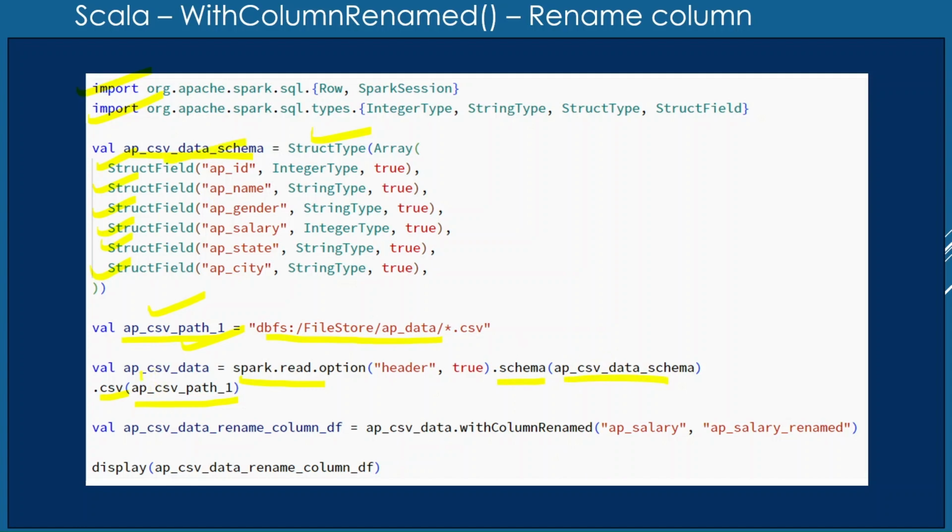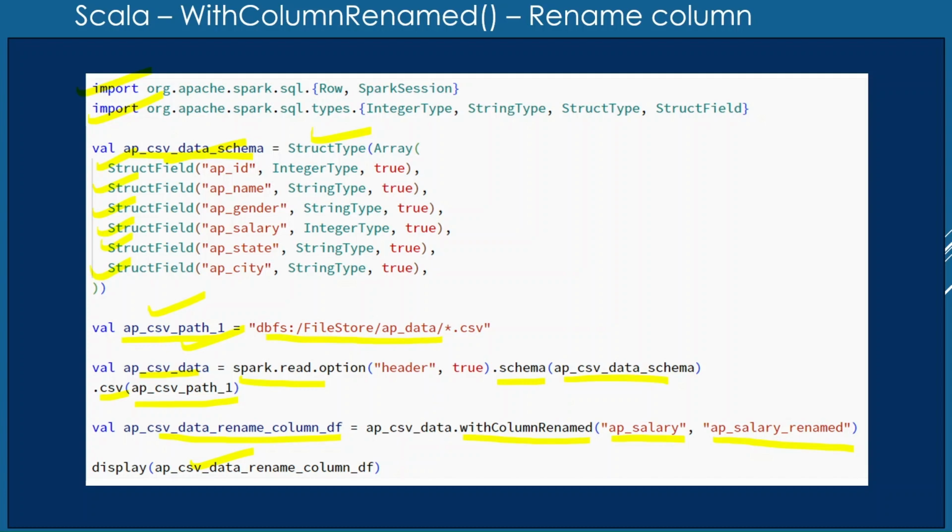Once this data frame gets created, we are going to rename this AP salary column to AP salary renamed column with the help of the withColumnRenamed function. With the help of the display function, I am showing the content of the data frame which gets created after renaming.